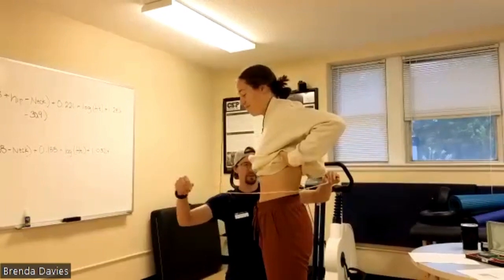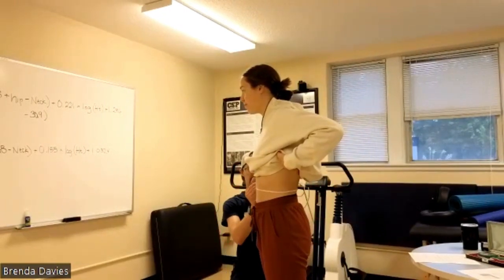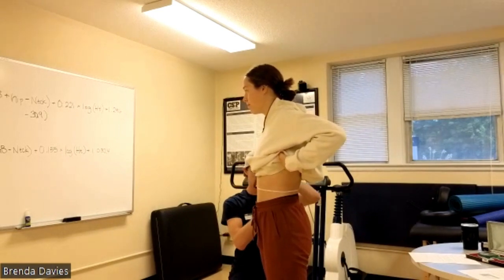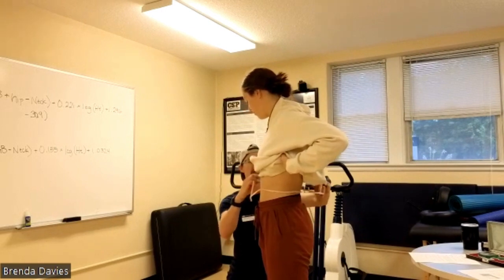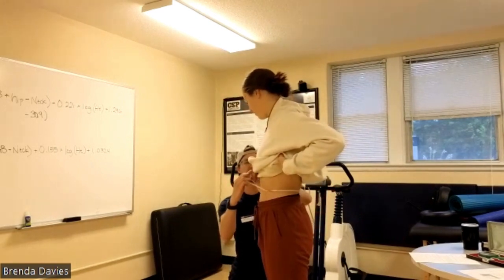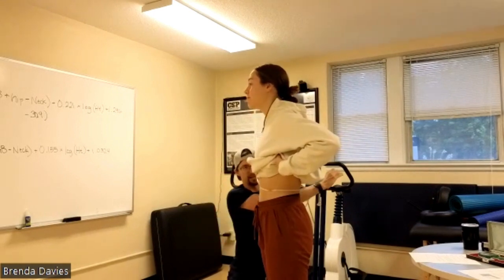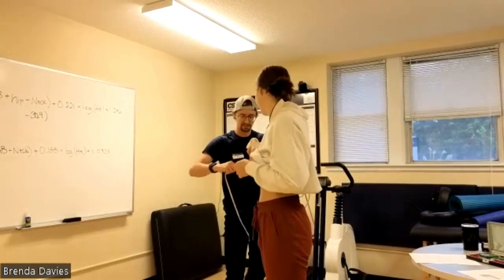Jump rope movement. And we want to make sure that it is as horizontal, parallel to the ground as possible. I didn't twist it yet. So, jump rope again.